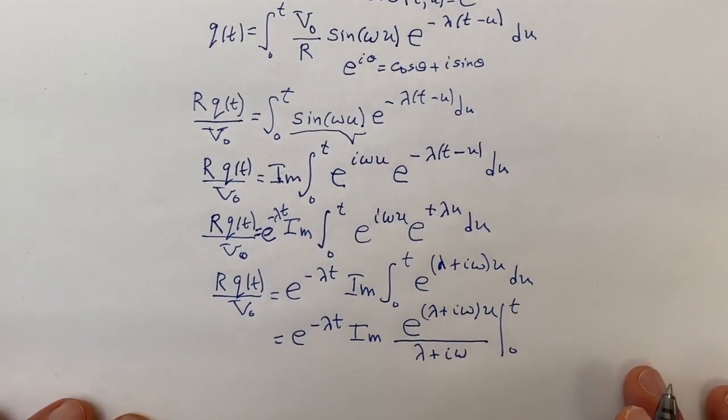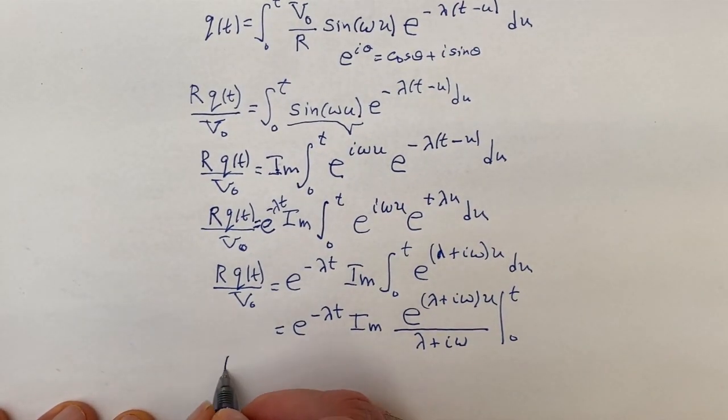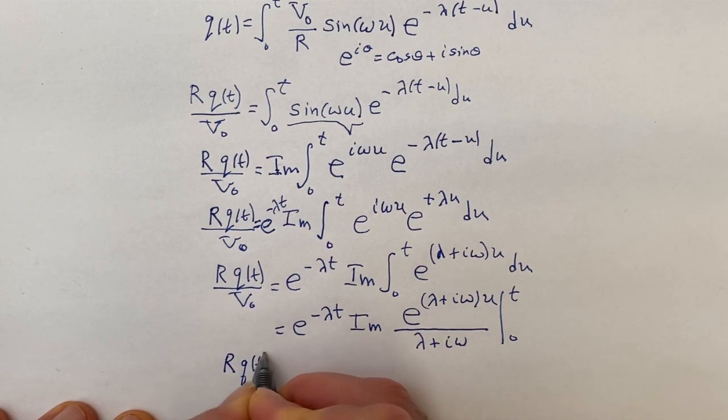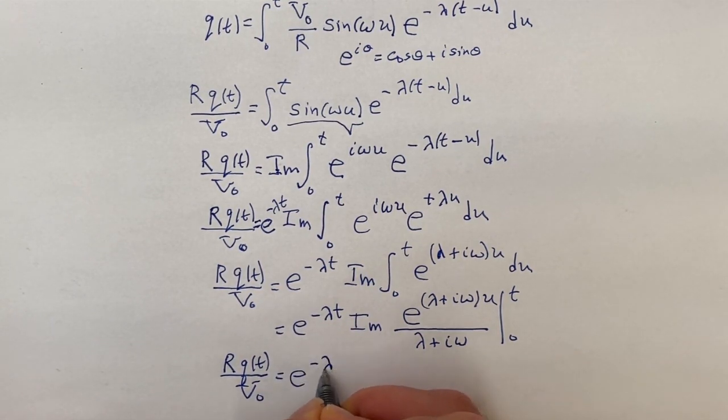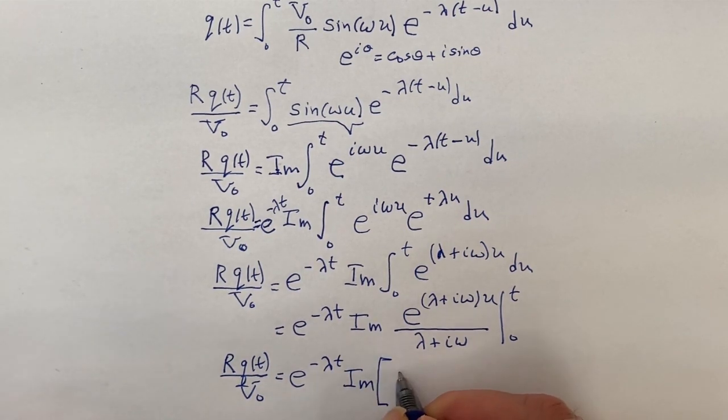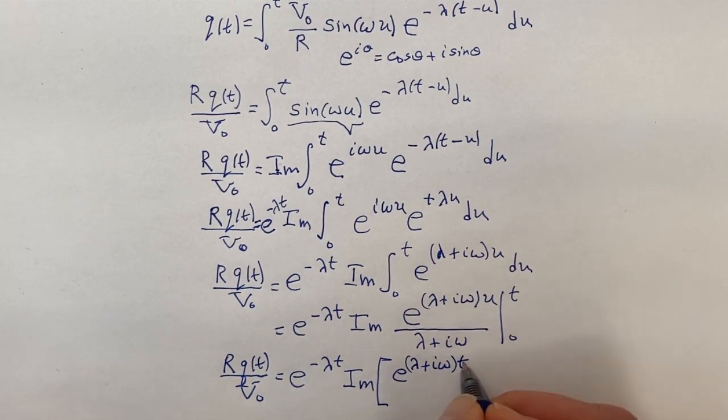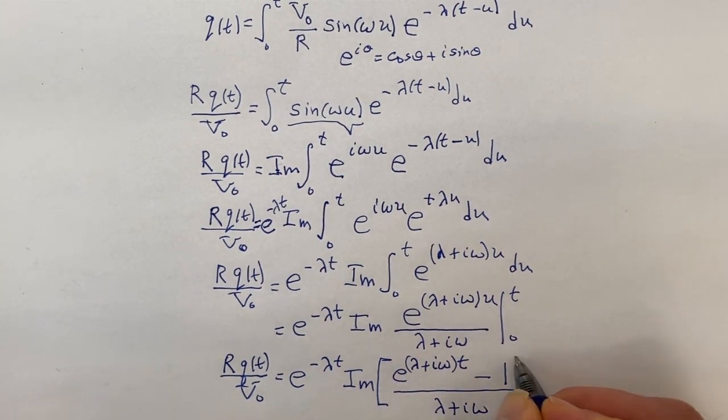And now we're ready to put in the limits. So let's do that next. So that's R Q, this function of t over V naught, is e to the minus lambda t. And we have the imaginary part of e to the lambda plus I omega, evaluated at t, and then when you put in 0, you'll get a 1. Now all this is divided by the lambda plus I omega.